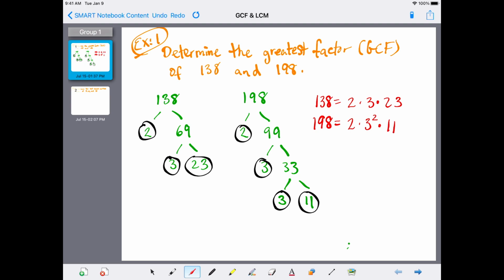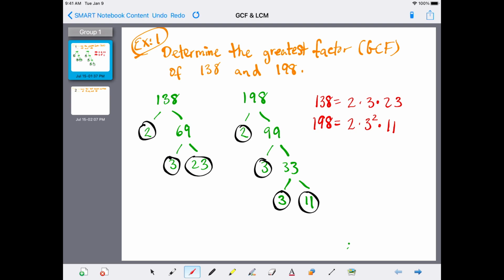So as we learned in the last video, we can write these two numbers as a product of their prime factors when we're all finished. So that's what I've done here on the right. We've got 138 is equal to 2 times 3 times 23, and we have 198 is equal to 2 times 3 squared multiplied by 11.